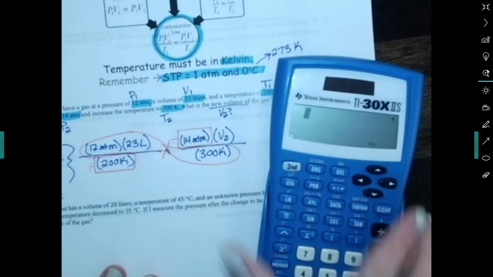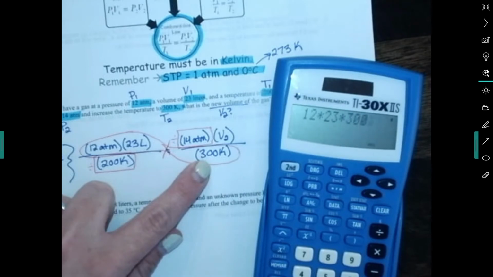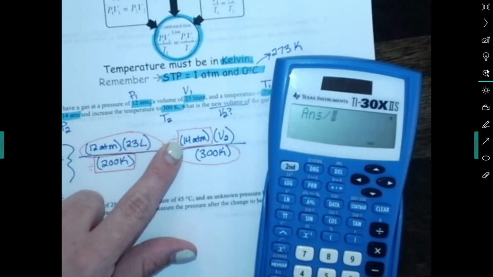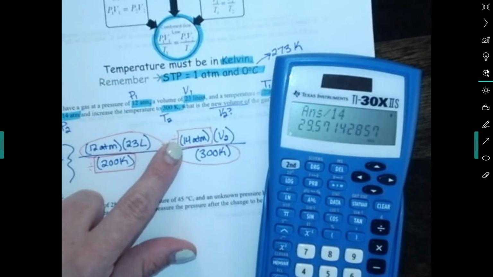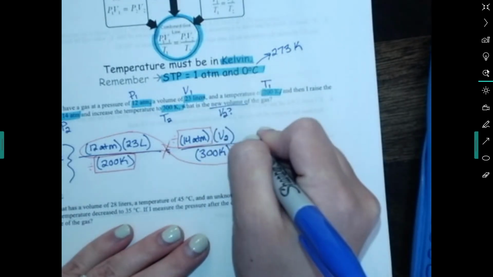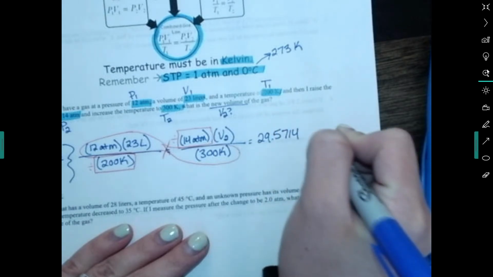So I'm going to go 12 times 23 times 300, hit enter. Then I'll divide by 200, enter. Divide by 14, enter. And I get 29 point blah, blah, blah, blah. So let me write my unrounded right here. 29.5714, dot, dot, dot.